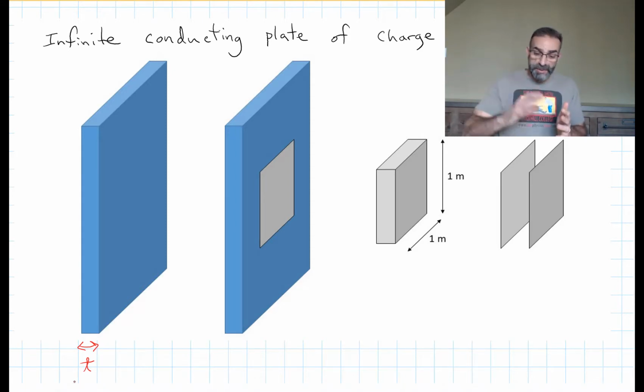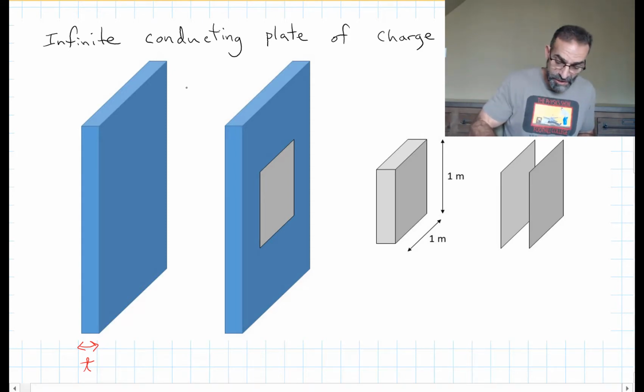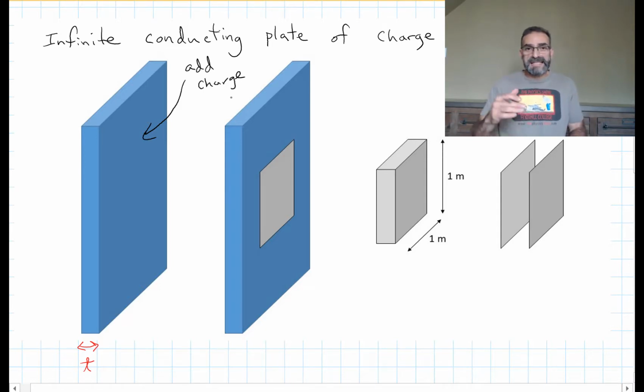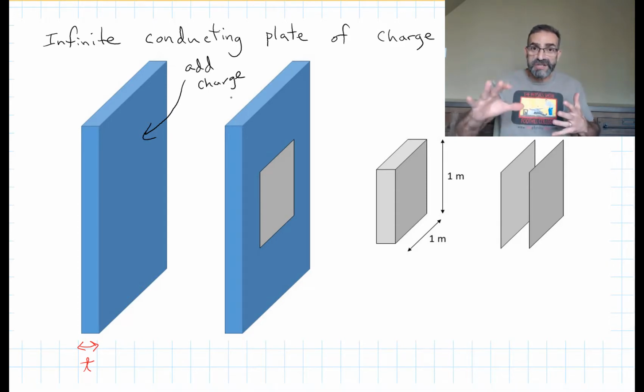Now I'm going to put a certain amount of charge on this surface. As I add the charge to that surface, the charges are free to move around through the whole thickness of that conductor. It's a solid conductive material.